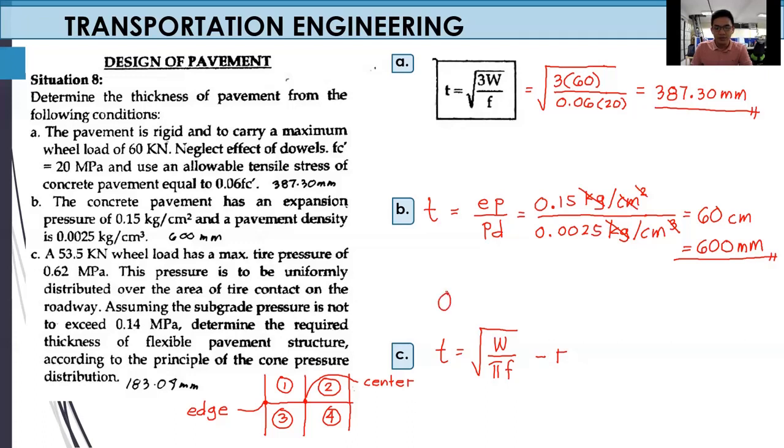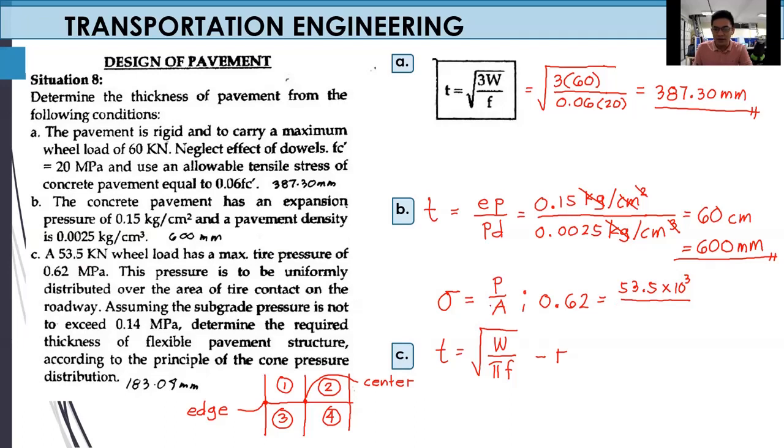Before we proceed, we first get our R. Stress is equivalent to force over area. The tire pressure is 0.62 megapascal, so that should be the limit of our stress. Then for the force, it is 53.5 kilonewton, so 53.5 converted to newton times 10 to the power of 3, divided by area.